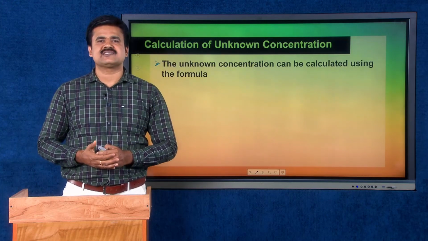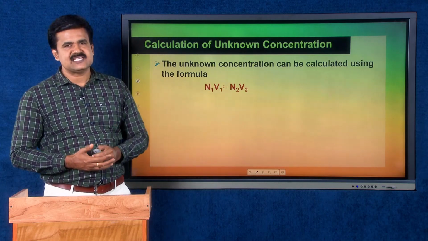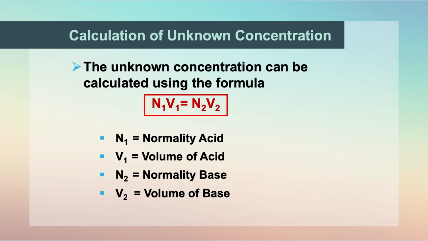The unknown concentration can be calculated by using the formula we learned earlier, N1V1 equal to N2V2. More specifically, N1 represents the normality of the acid, V1 represents the volume of that acid, N2 corresponds to the normality of the base, and V2 corresponds to the volume of that base.